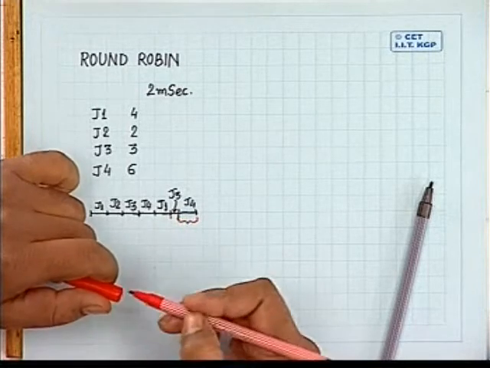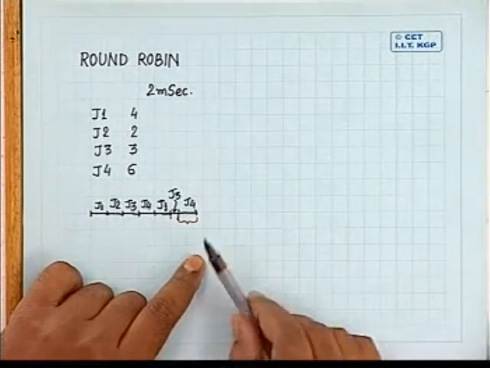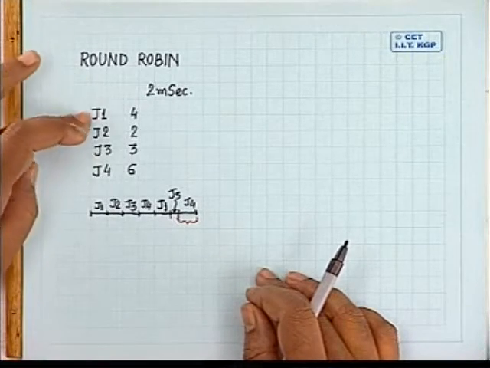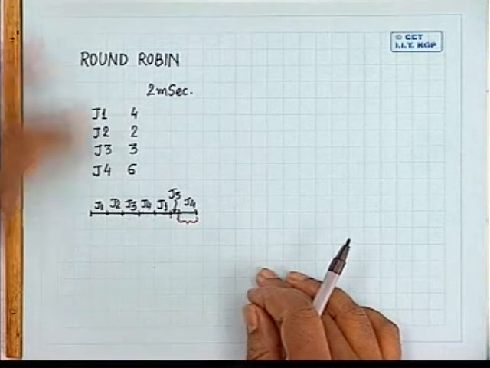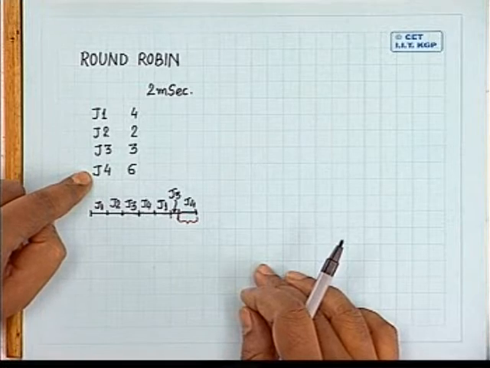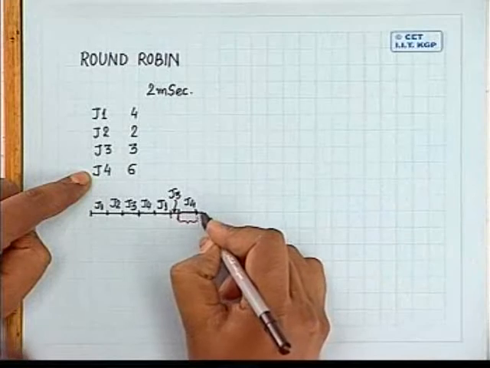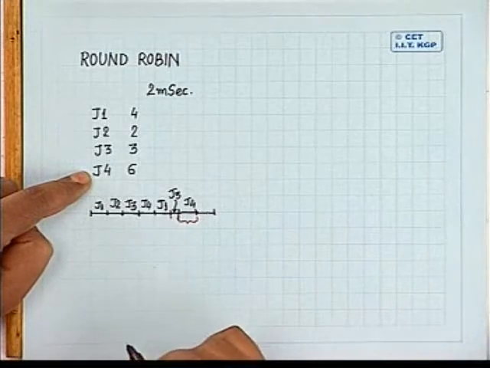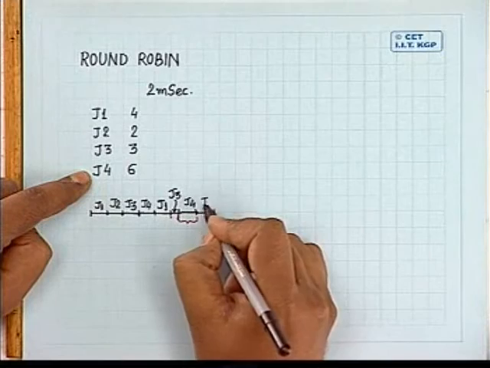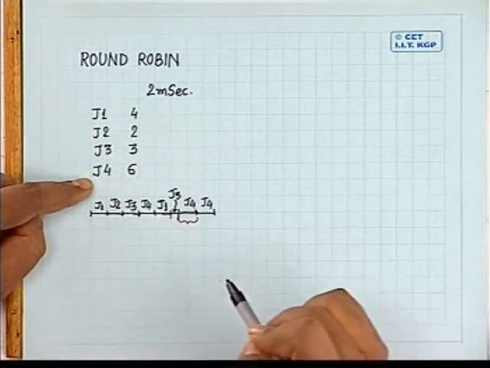So after completion of 2 milliseconds of the remaining CPU burst time of job J4, if I assume that no other job has arrived in the ready queue in between, I have only one job left in the ready queue, that is job J4, waiting for its remaining CPU burst of another 2 milliseconds. So job J4 will be executed again for the remaining 2 milliseconds, and after that all the CPU bursts of all the jobs in the ready queue are complete.